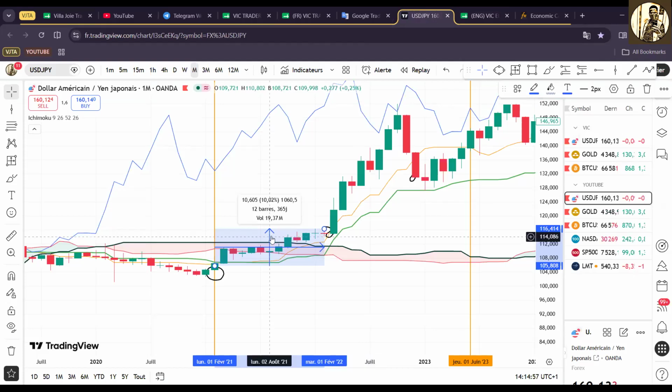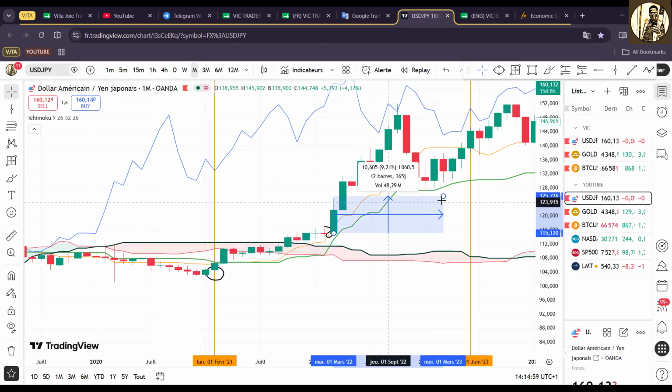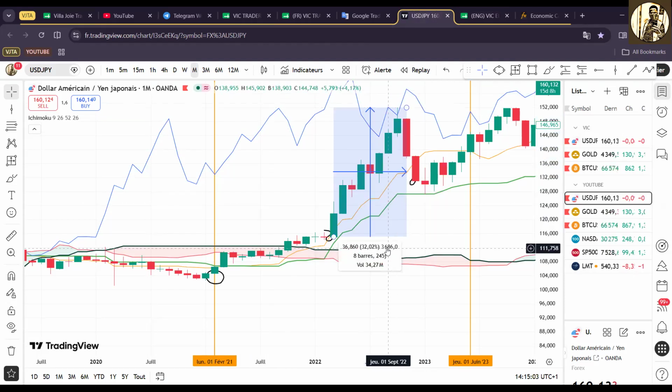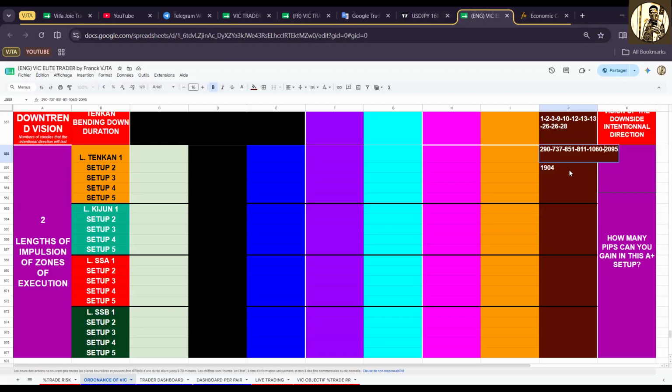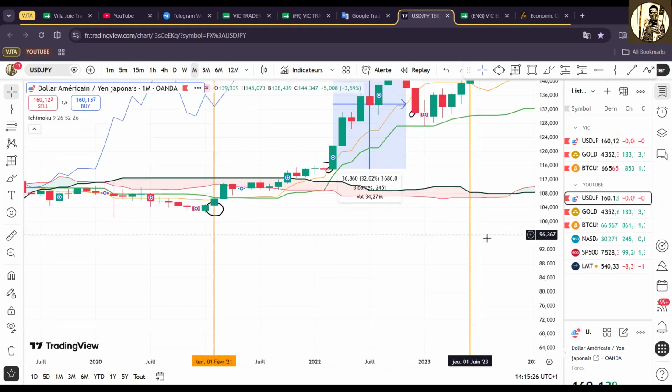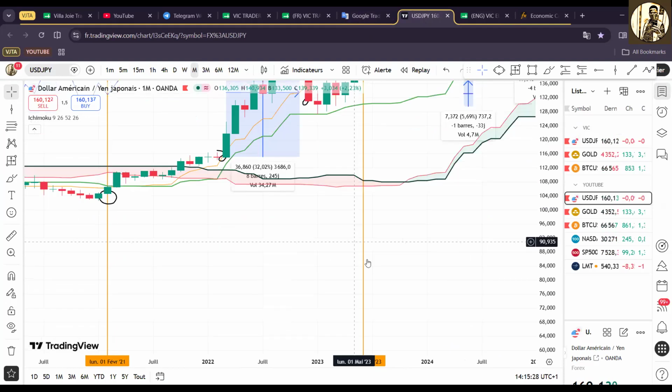Then the second setup is 3686. Then the third touch, but I will not do the third touch. So let us move to the next one.